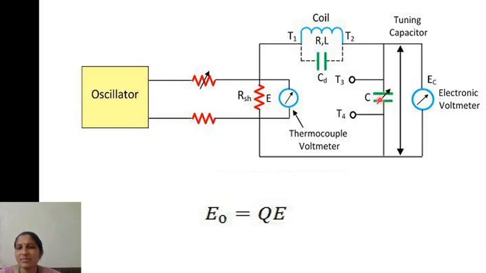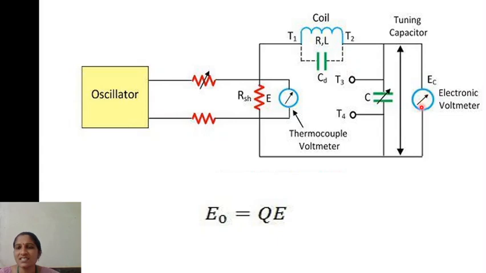With this tuning capacitor you can vary the capacitance such that the circuit will be under resonance. R, L, C, all these three are connected in series, so a series resonant circuit will be formed here. When the circuit resonates, EC indicates the voltage across the capacitor, which gives the quality factor.